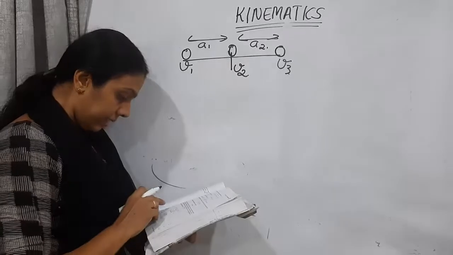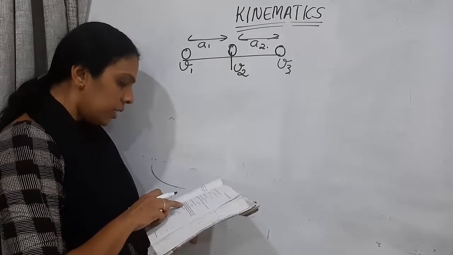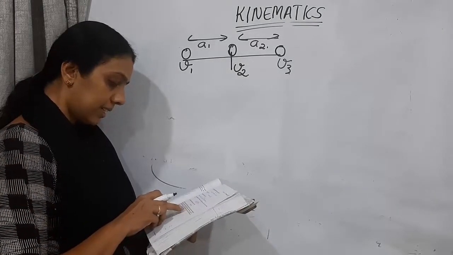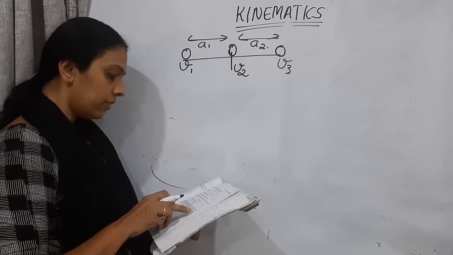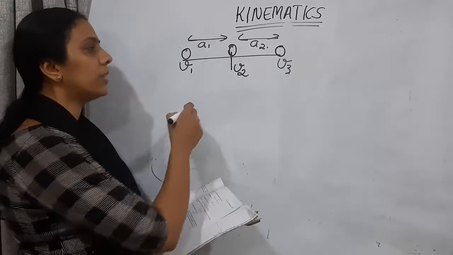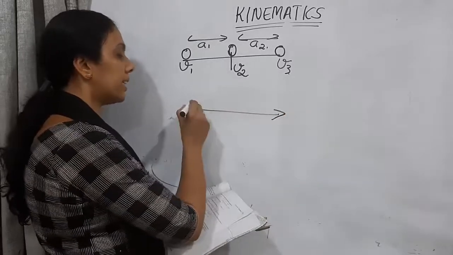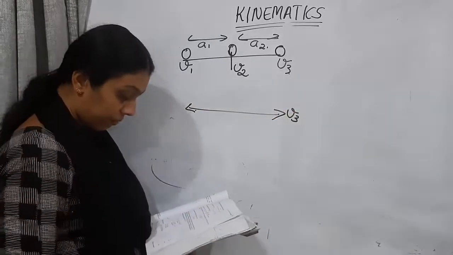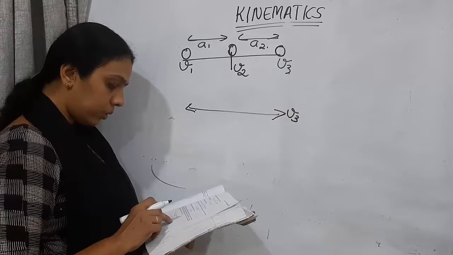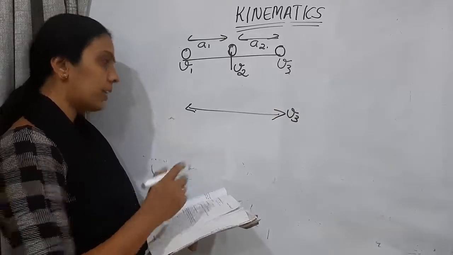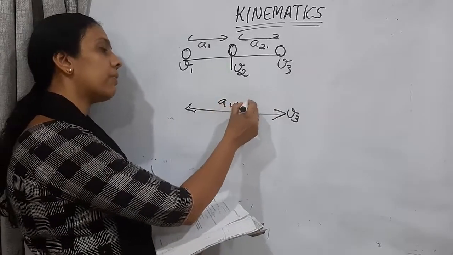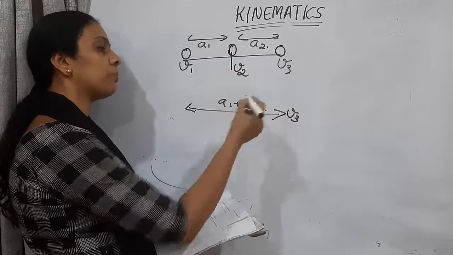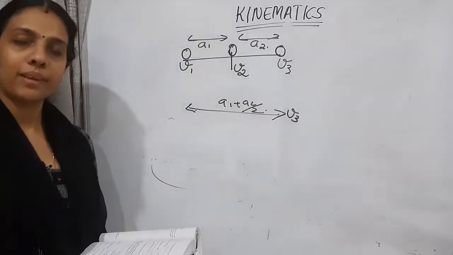Right? Then show that the final velocity, which will be equal to v3 itself, is the same if the whole distance is covered with a uniform acceleration of (a1 plus a2) by 2. Okay, so this is the question.